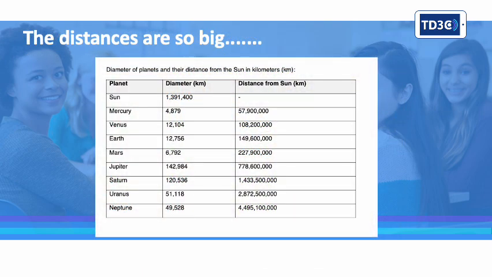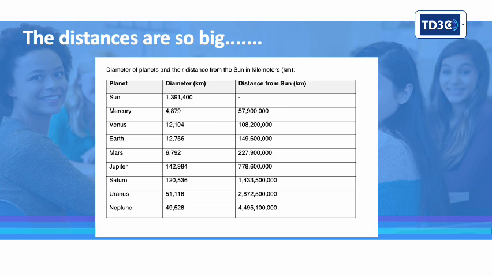And to help you with that, there is information in kilometers about the diameter and also in kilometers about the distances. You will immediately see how difficult it is if you use the same scale for both.